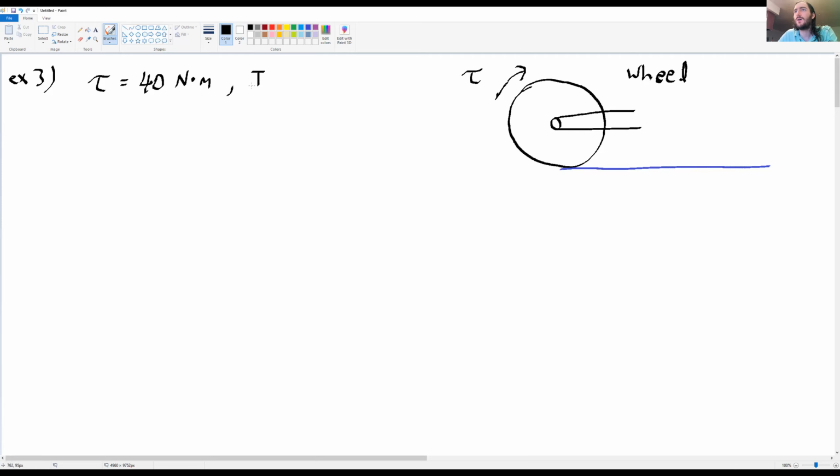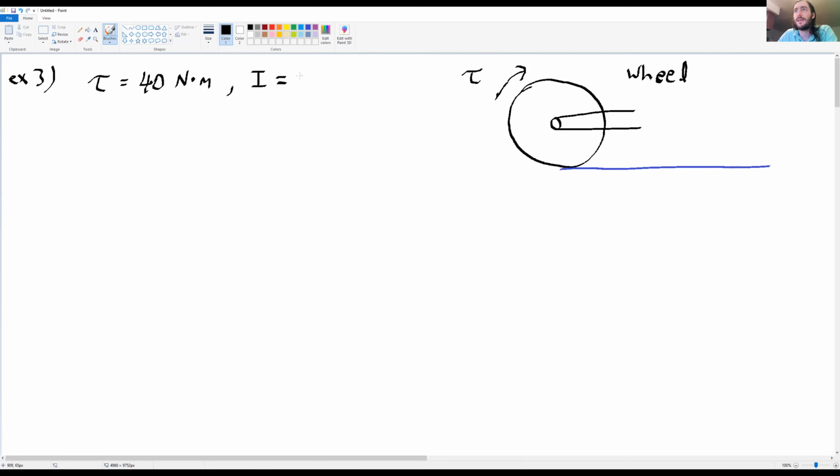Now, a bicycle wheel can be treated as a ring with the vast majority of the mass concentrated on the edge of the ring. That's going to be the next concept we talk about, how to calculate moments of inertia for different objects. But for now, let me just come up with a value for the moment of inertia.